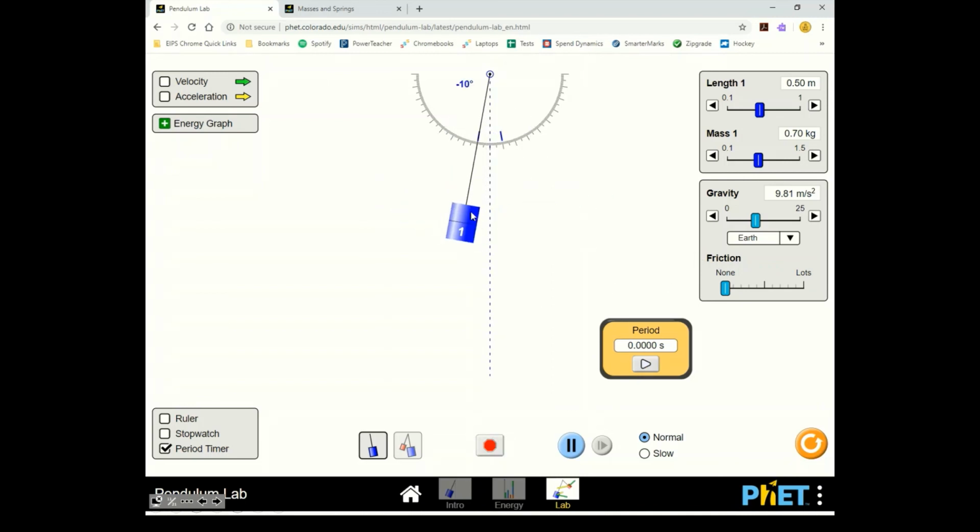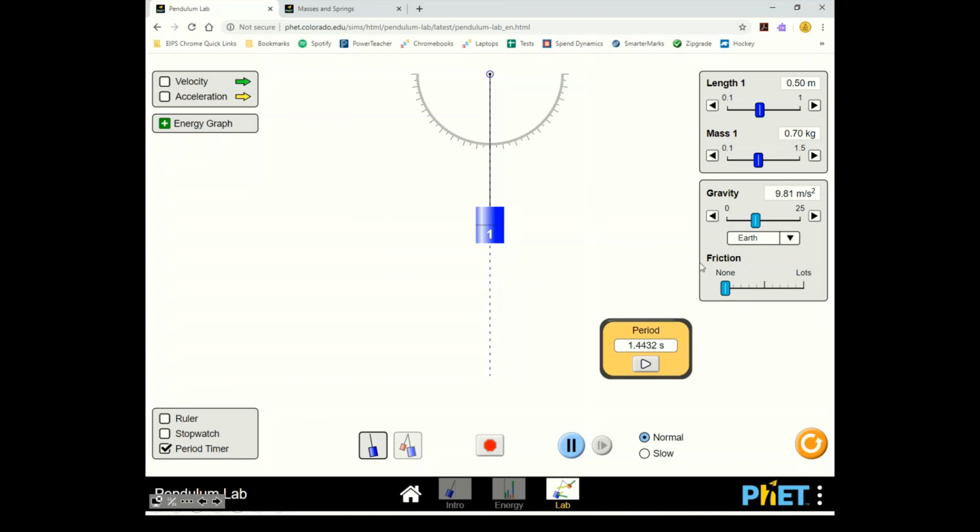And if I make it 10 degrees, it's still around that 1.44, so it has a little effect on it, but not really. It has to do with the fact that this is approximated as a perfect circle, and it's not, but it doesn't have that big of an effect. So amplitude doesn't make a big enough difference that we include it in the things that affect it. It's basically around 1.44 each time.